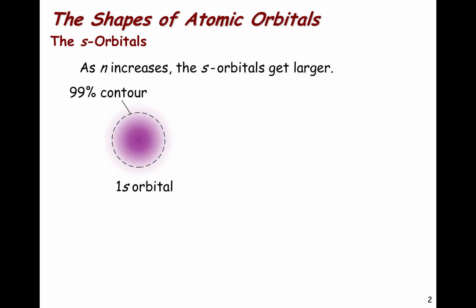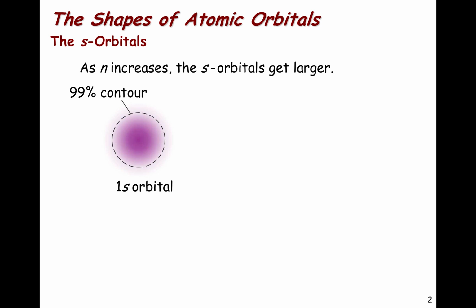The s-type orbitals are spherically symmetrical, and so the 1s orbital can be described as an ever-increasingly diffuse sphere as you go away from the nucleus. Oftentimes we will represent this shape using a probability contour, as we have shown here.